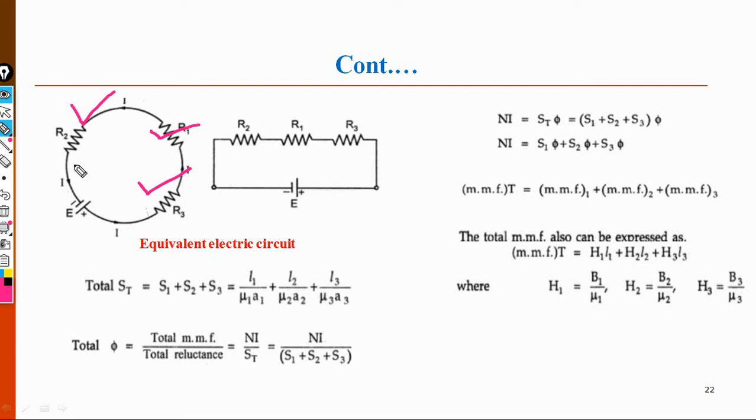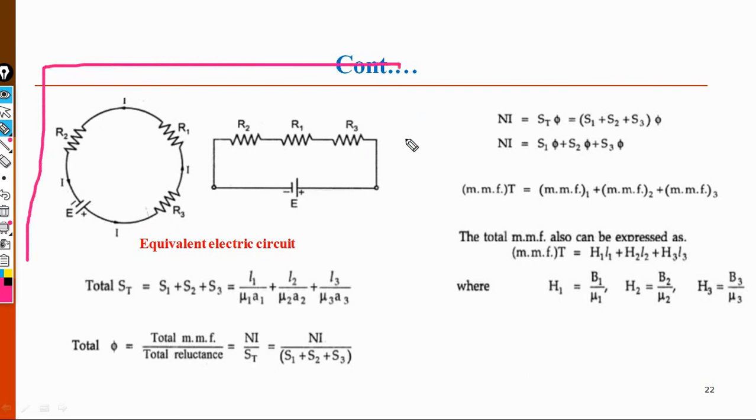R1, R2 and R3 are connected in series and voltage is applied. Now this is the equivalent electric circuit of the series magnetic circuit. In it we have to calculate the total reluctance.